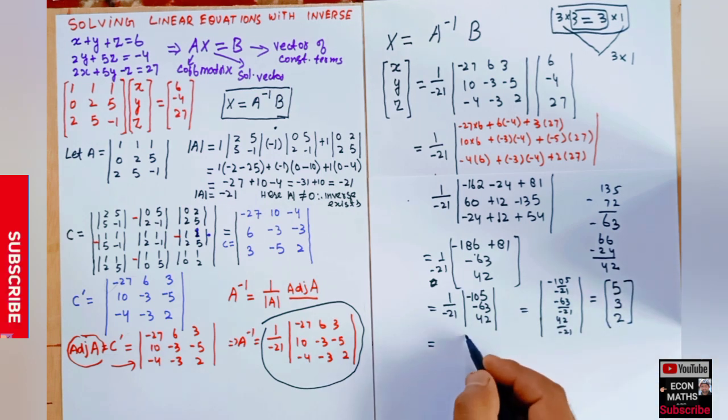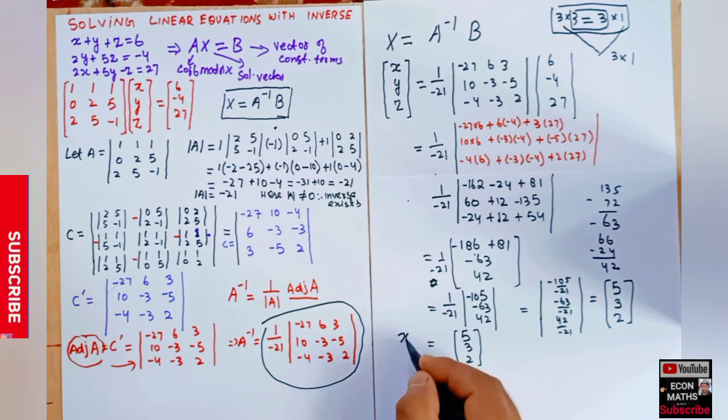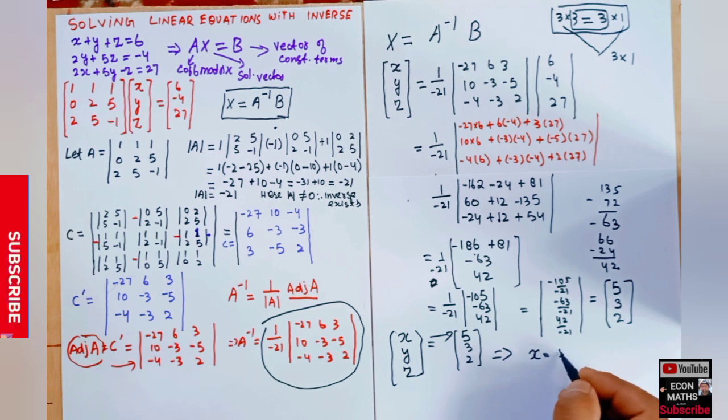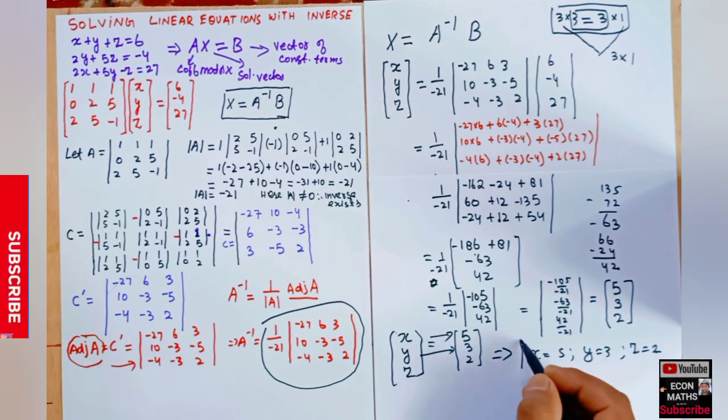So we got 5, 3 and 2. That is x, y, z is equal to this. Implies x is equal to this 5, y is equal to this 3, and z is equal to 2. So this was the solution.